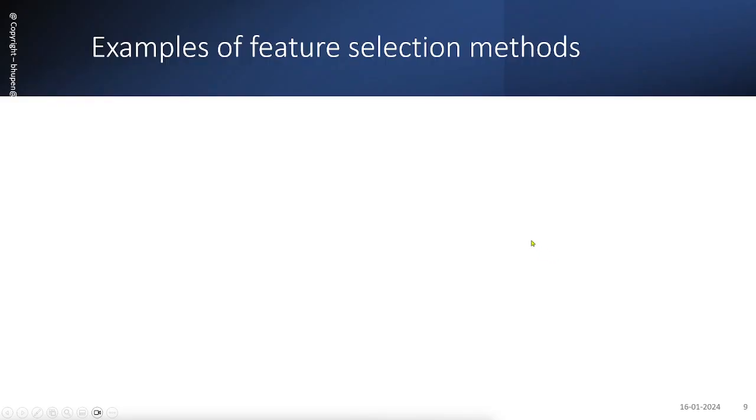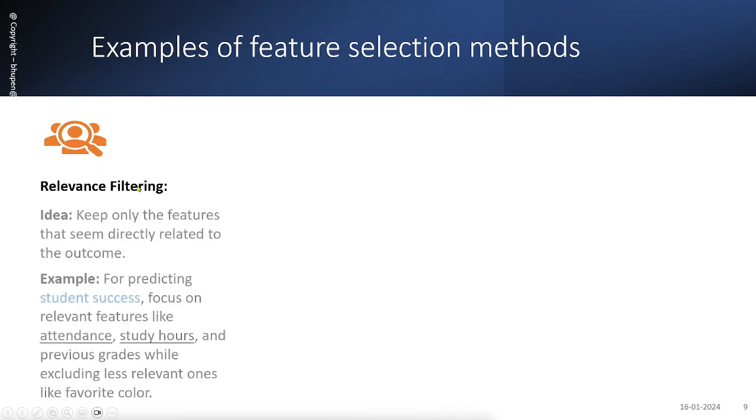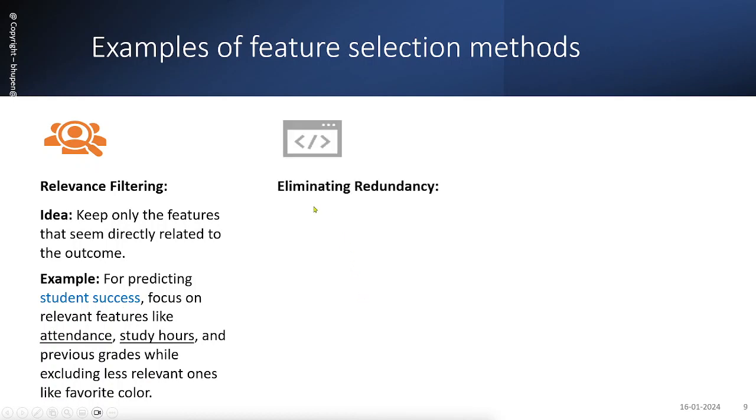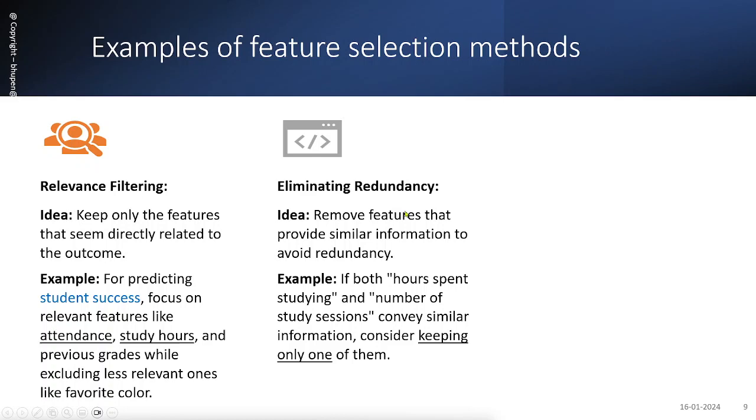So some examples of feature selection methods, like filtering methods, which is basically, you look at a couple of columns or pairs of columns or more than two columns and decide which columns to keep and not. For example, if you're predicting student success, you would like to keep the variables which make more sense to predict student success and exclude the less relevant columns. Eliminating redundancy is another useful technique used in feature selection.